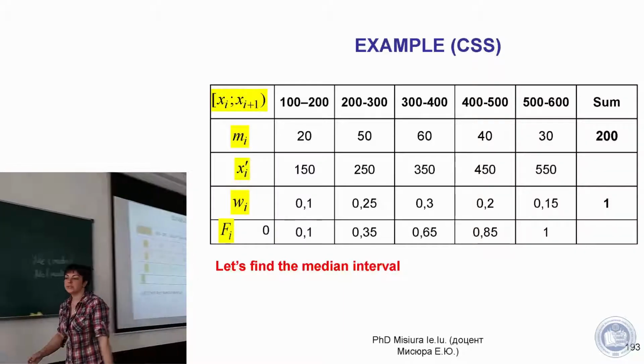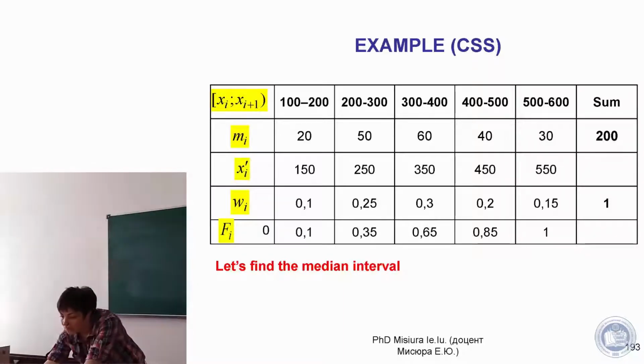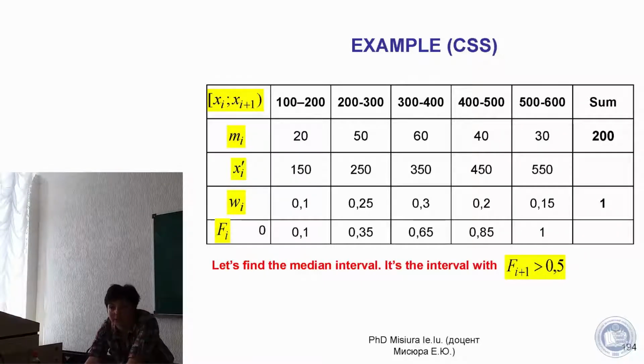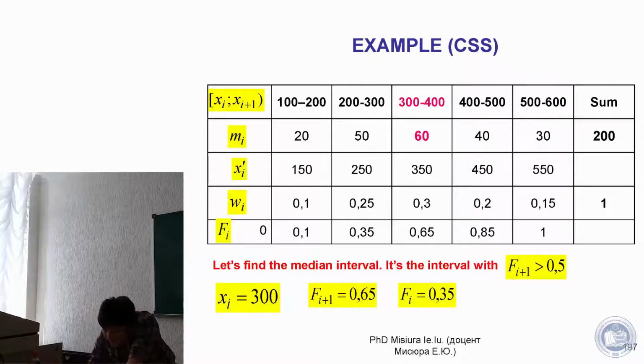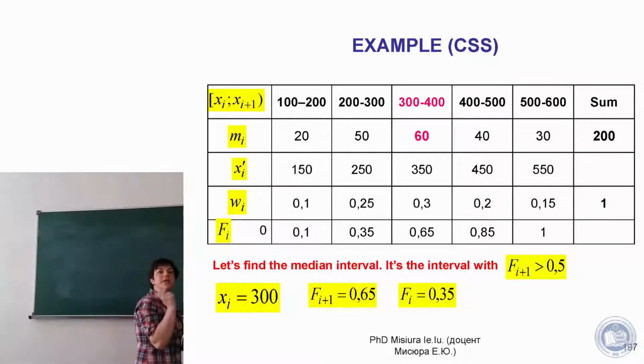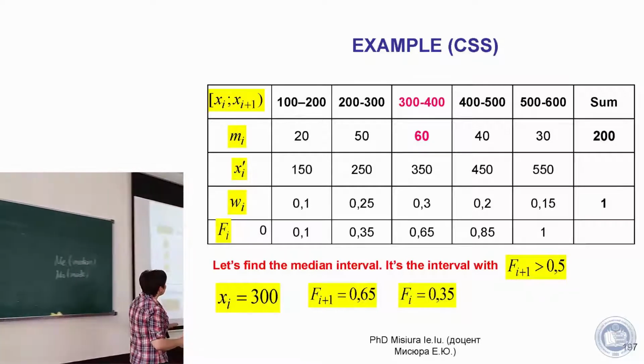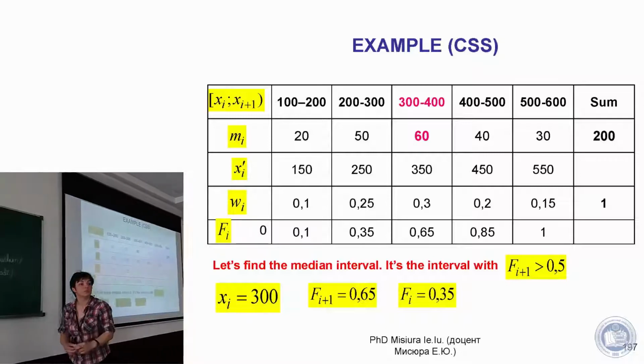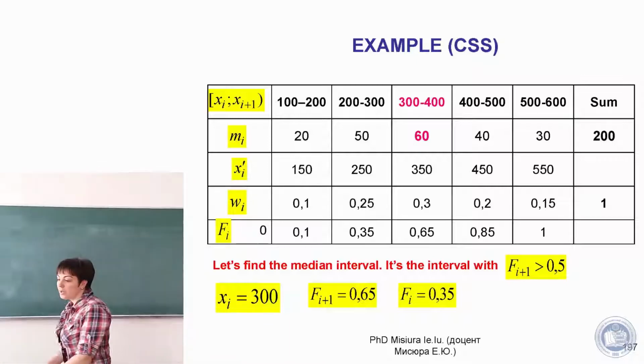Okay, it means, let's mark the first value. F of xi plus 1 will be 0.65. The previous value equals 0.35. And students, it means we have the median interval. The median interval will be this interval where we have this value 0.65. Let's mark 300, 400.